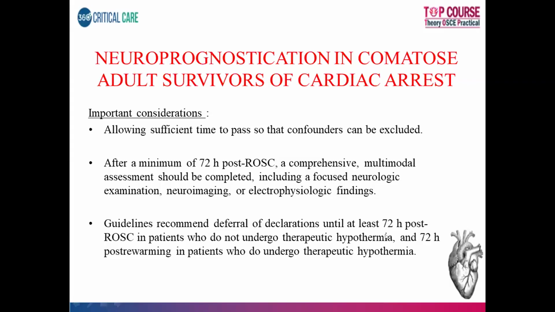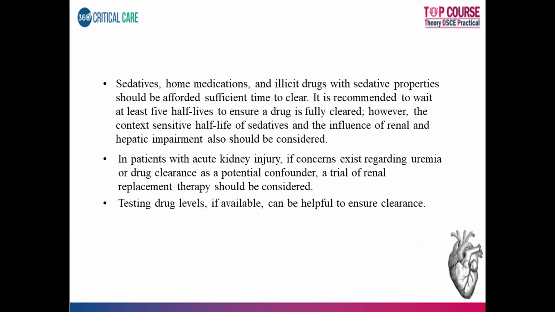If you are not doing any therapeutic hypothermia, you can do the neuroprognostication 72 hours post cardiac arrest. But if you're doing targeted temperature management, you have to rewarm the patient, and then do the neuroprognostication 72 hours post rewarming. This is the important thing.